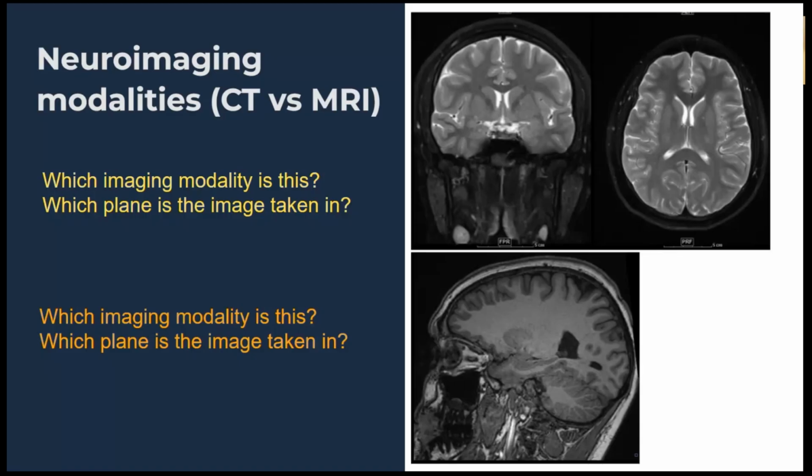You can put on your mic or just put in the chat, or if not, I'll just go through it. So there is the first image. You've got coronal and then axial, and then the imaging modality, so like whether it's an MRI or a CT.